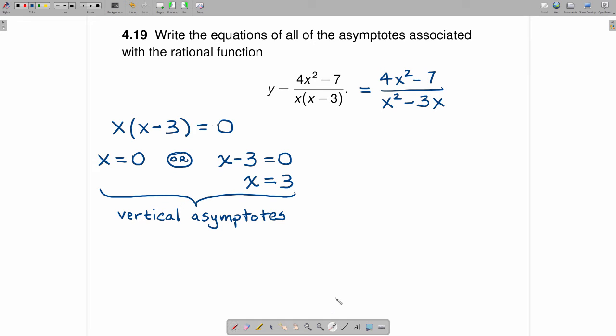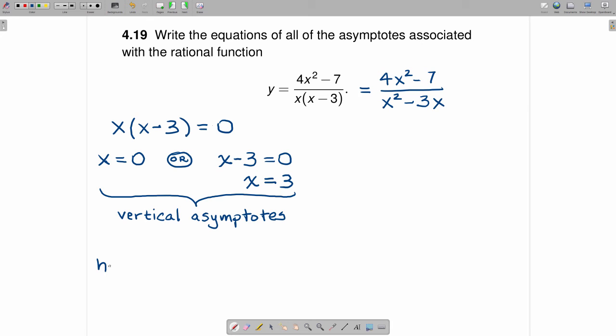Now, the next thing you do is, because the degree of the polynomial in the numerator matches the degree of the polynomial in the denominator, that is, they're both second-order polynomials, the ratio of their coefficients, that is 4 to 1, gives us a horizontal asymptote.